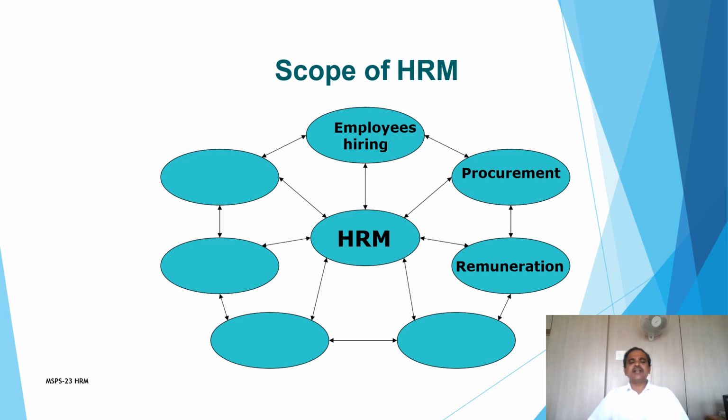Then remuneration. Remuneration is a very important aspect under the scope of HRM. Remuneration is about perks, wages, and salary for an employee. Under remuneration, we have a technique called job evaluation or job pricing.